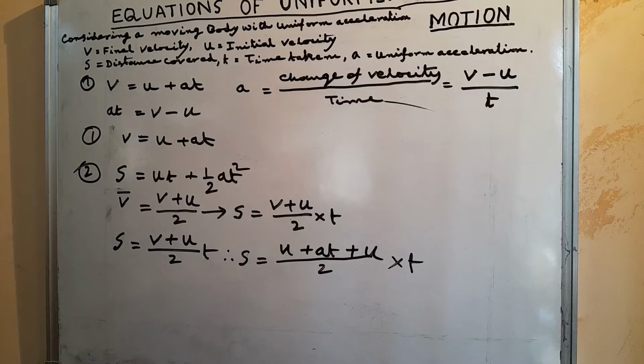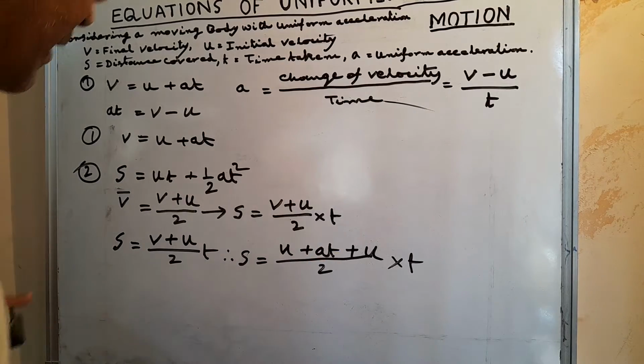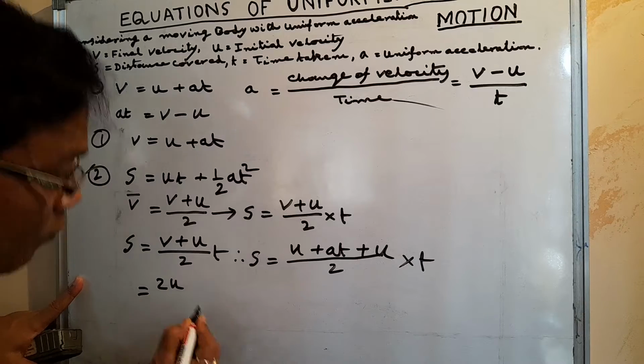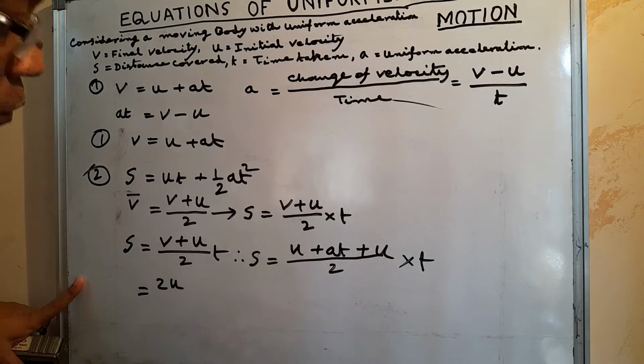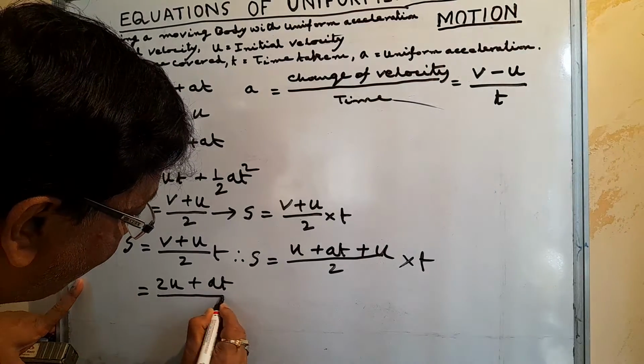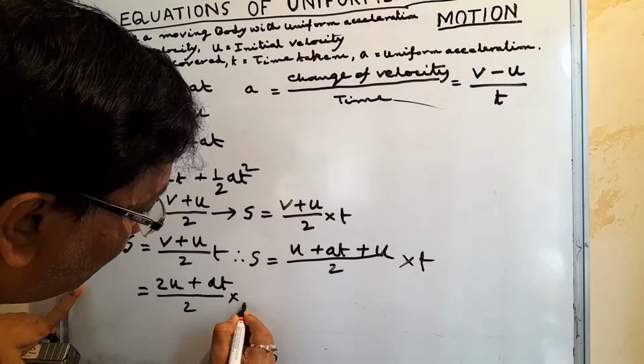This will be equal to 2u plus at divided by 2, into t.